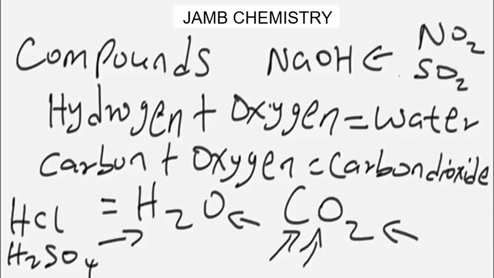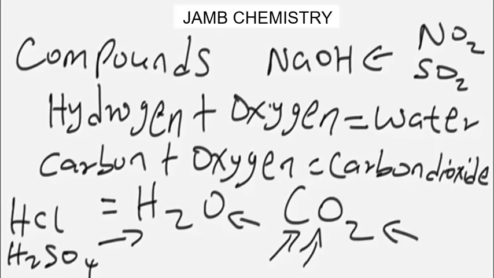But don't worry, we are going to deal with this concept of covalent and ionic compounds in detail as a topic as we progress in this study of chemistry. So let's progress with the number of atoms in a compound.